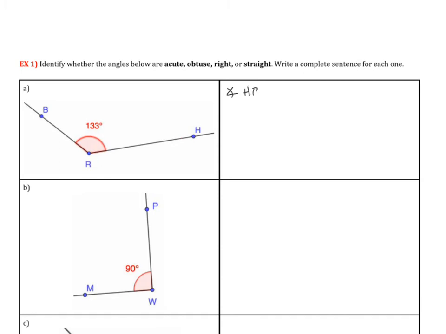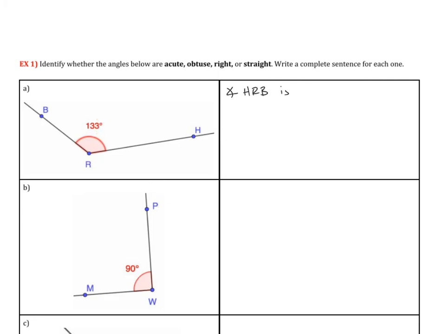So angle HRB is an obtuse angle because it measures 133 degrees. Notice again that little dot symbol. This tells us that this is the measure of the angle and it's not the number or the name of the angle. And because it's 133 degrees, it's more than 90 but less than 180.